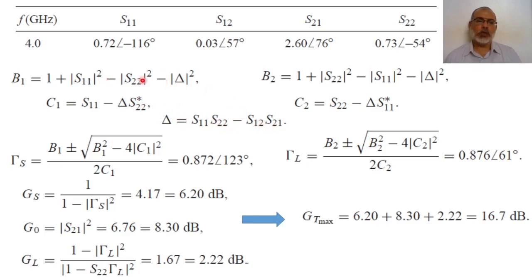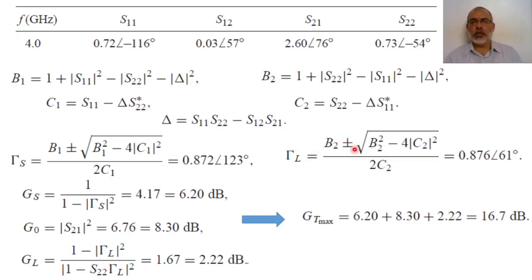We are going to calculate all these pieces together and calculate the value of gamma source. As I said before, here we have positive and negative signs. We are going to choose the sign which makes the magnitude of gamma source less than unity. So the resulting value is 0.872 with an angle of 123 degrees.